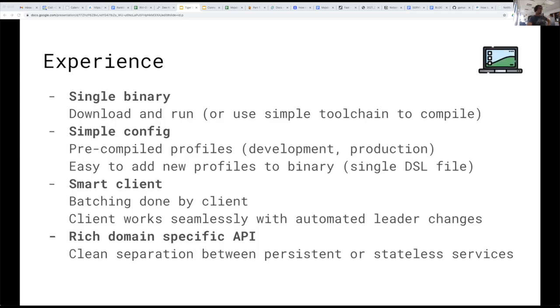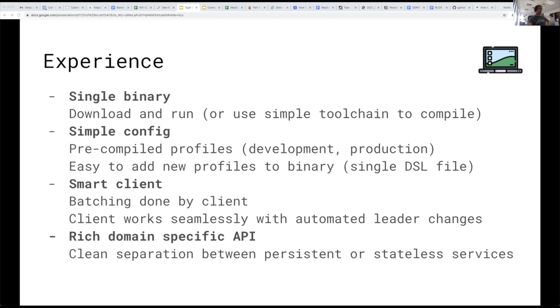On the experience side, as we mentioned, our third design pillar is making the experience really easy. So in my mind, I think of this the way I think of something like SQLite or Redis, where I just want to download it and run it. I don't want to go through a 10-page document just to have it running on my machine.